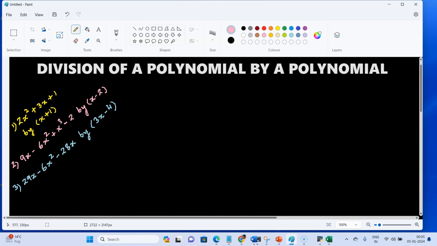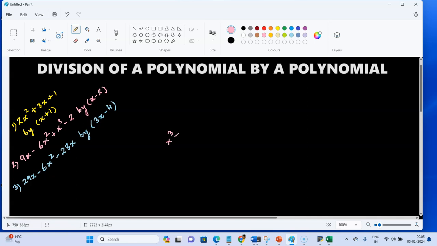So the question is, we have to divide 9x minus 6x square plus x cube minus 2. So first of all, what we have to do is arrange these terms in the descending order of their power, right? So the highest power is x cube.